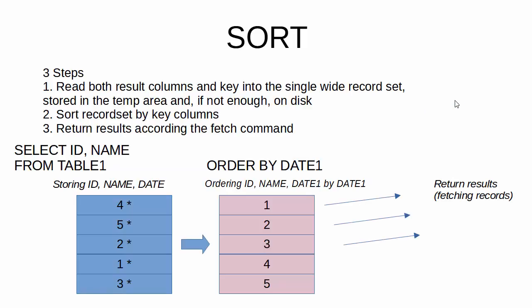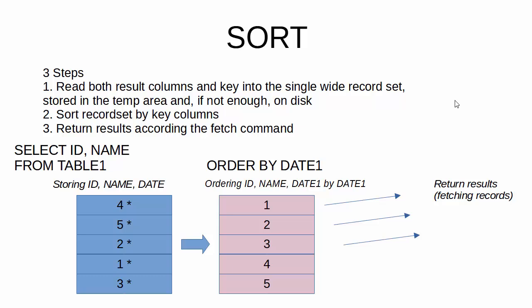Firebird does sorting in three steps. First of all, it fetches the data, both data from the select clause and the key, into a single wide record set.